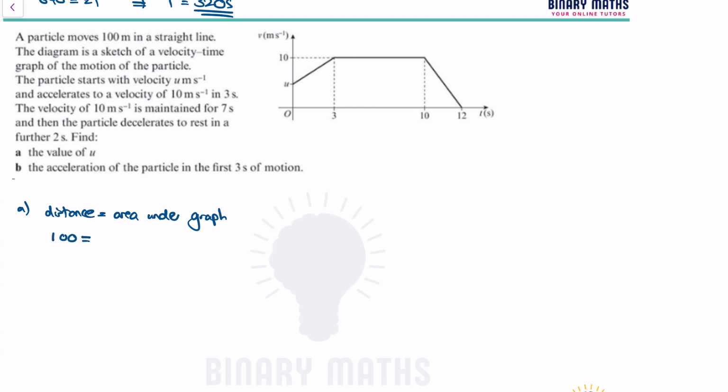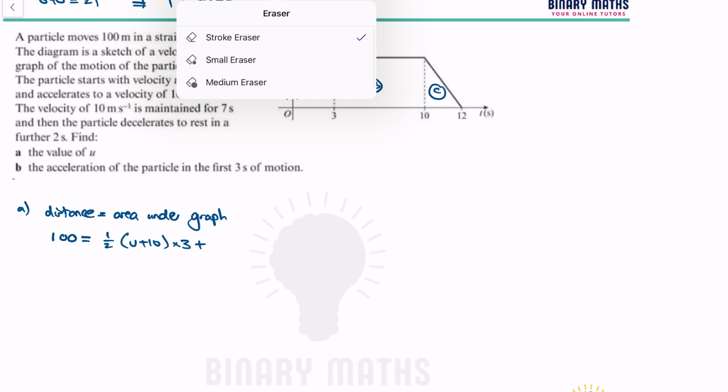There's 3 sections, so let's call this A plus B plus C. So first part A will be half of A plus B, because it's a trapezium, so it's going to be u plus 10 times the height, which is 3. Plus the middle part is 7 times 10.